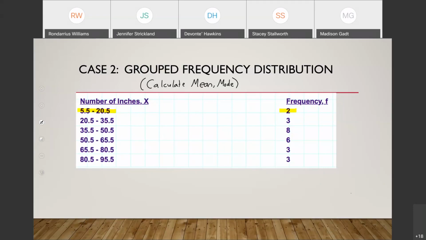Remember, we would have come from a list of numbers. We would have had this big list of numbers that we were working with, and we would have come up with our classes. And then where would we have gotten the 2 from?